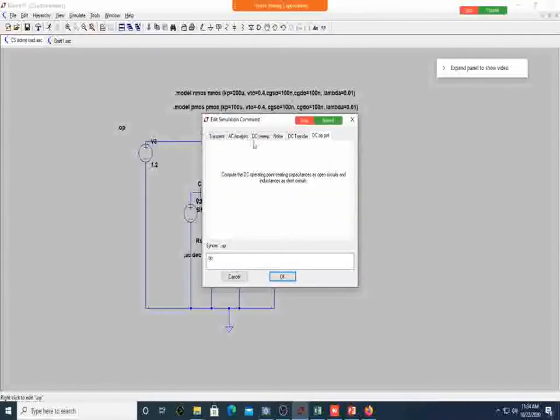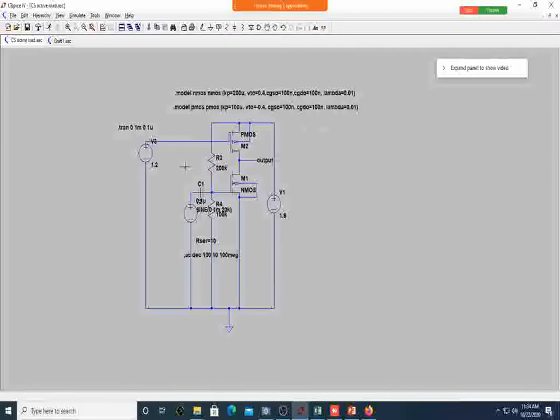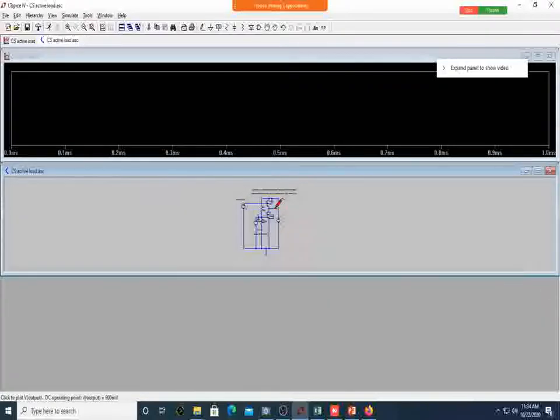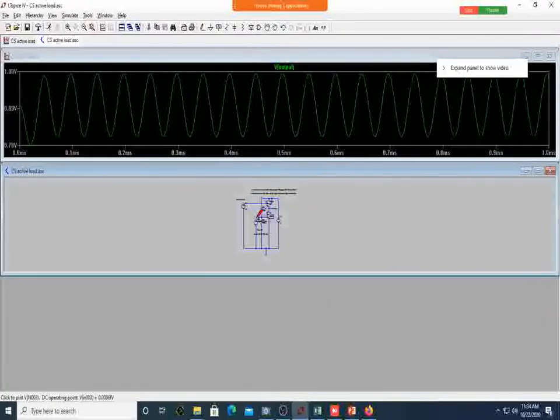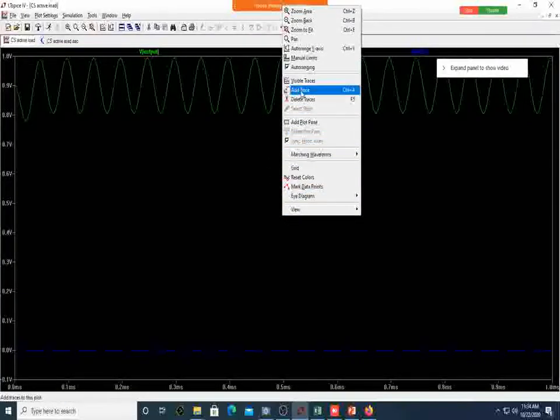What is that thing I should do? Okay, this is fine. Stop time is 1 milli, 0.1u. Let me run it. Take out this. Let me see the input also. Let me take out input and output separately.